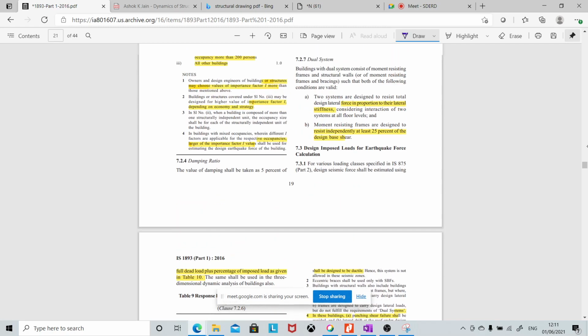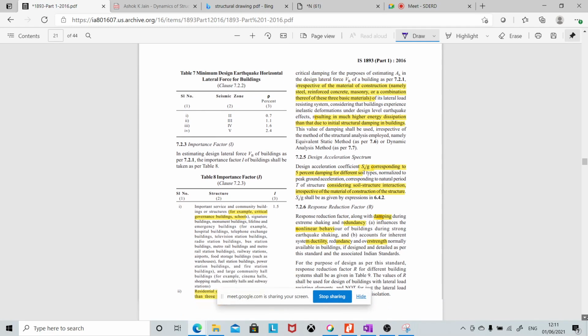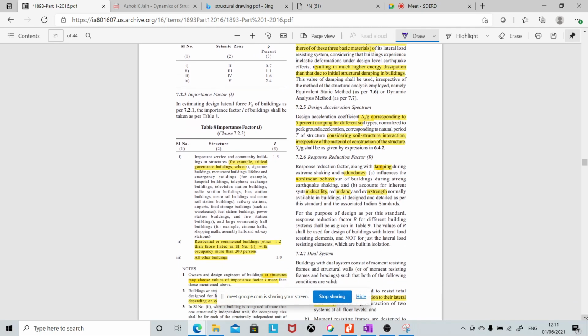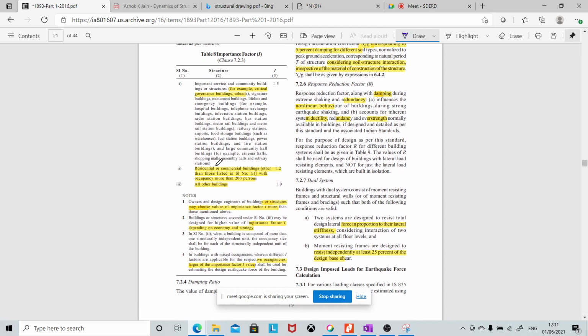Then next is importance factor. You can get it from table 8. If we look into table 8, there are 3 different categories given. First one is normal building, second one is an intermediate category, and third one is all other buildings.